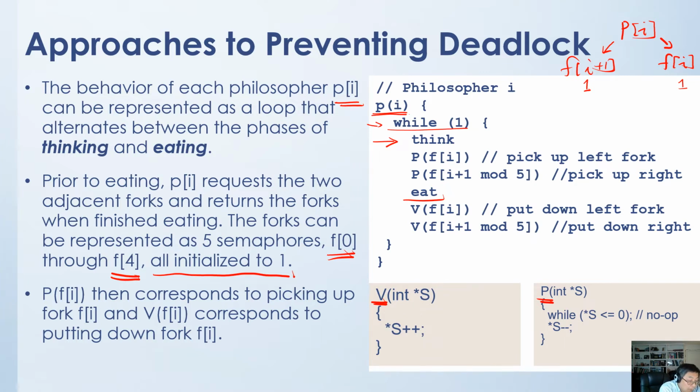Now when the philosopher tries to enter the eating state, that's the critical section. Eating should be defined as a critical section because eating requires the resources, requires 2 forks. So before the philosopher Pi can eat, it needs to grab 2 forks, Fi and Fi plus 1.